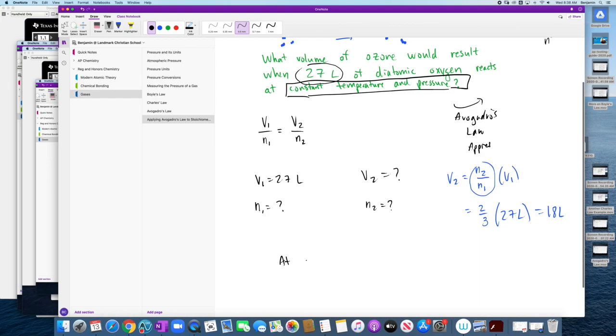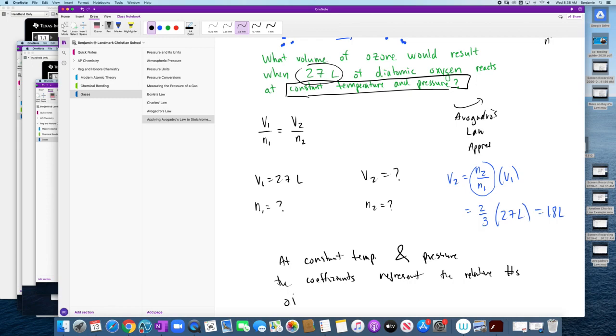So at constant temperature and pressure, the coefficients represent the relative numbers of moles and volume of gases, as long as you're dealing with gases.